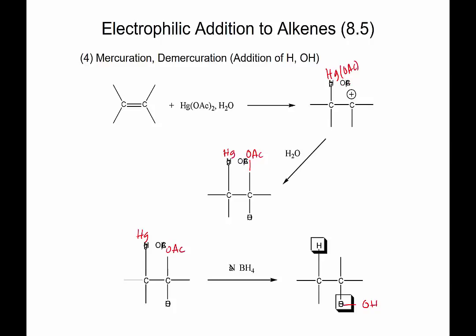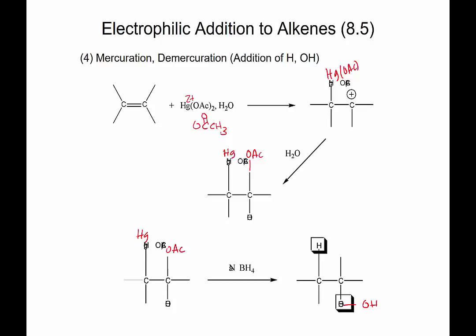So first of all, we're going to take mercury 2+ ion, and then the OAc, what does that stand for? Well, that stands for a deprotonated acetic acid. So I'm reacting an Hg2+ ion with 2 acetate counterions, and that's acetate because that's one of the mercury salts that's actually soluble.